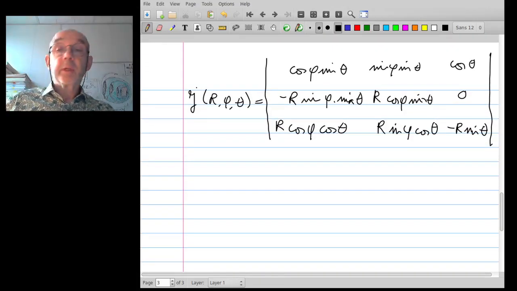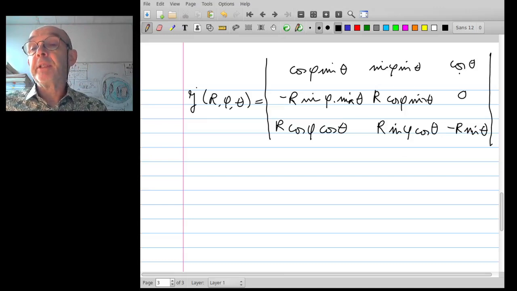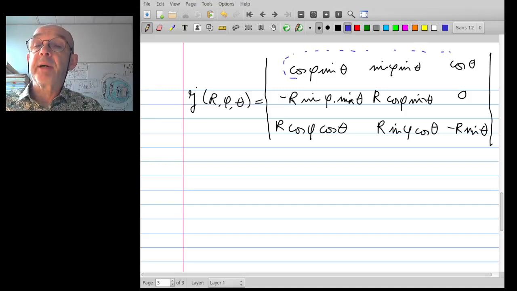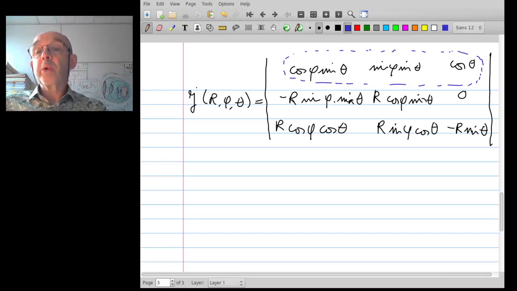Now, if you do so, you can calculate the determinant by, for instance, taking some column or taking some row. I would not say that the first row is the easiest way to do.